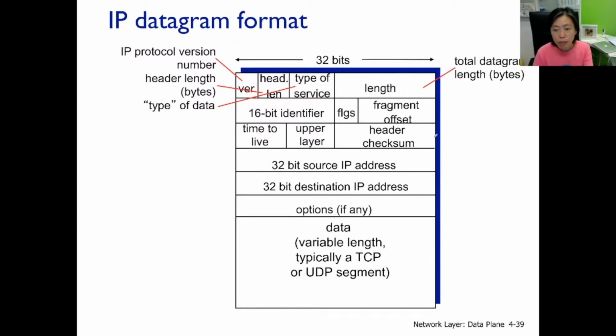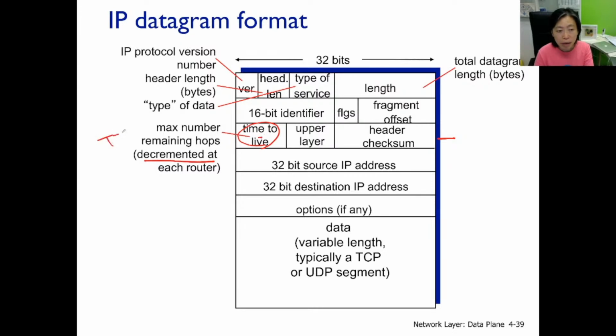Now let's switch gears and take a look at the fields in the third row. First is time to live. This field is very, very special. We've never seen it before, and it only makes sense in the IP layer. We decrement the value of time to live, TTL, by 1 after a packet passes through a router.